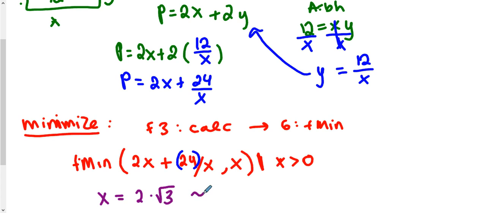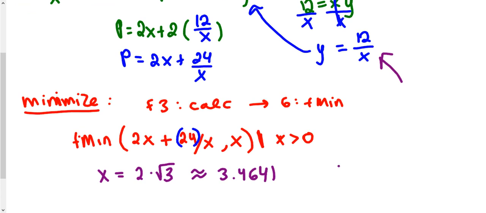If you put that in and get your decimal, so green diamond and enter, you're going to get 3.4641. We can take either one of those and plug it into our y function to get our other dimension. So that would be y equals 12 over 2 times the square root of 3.